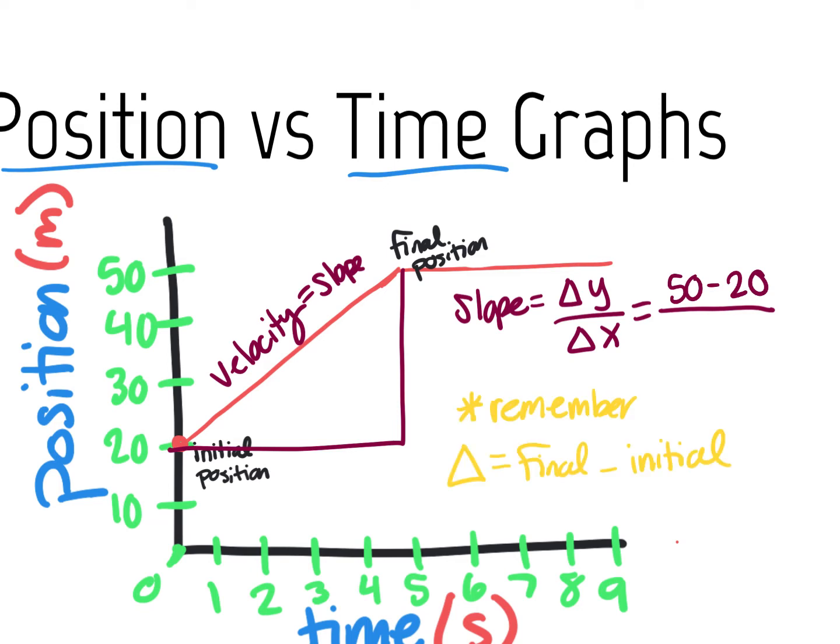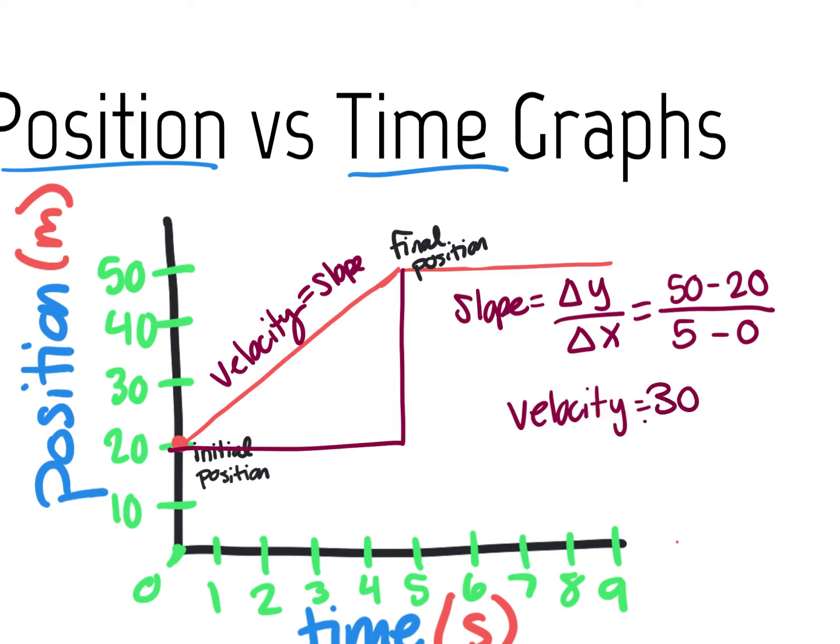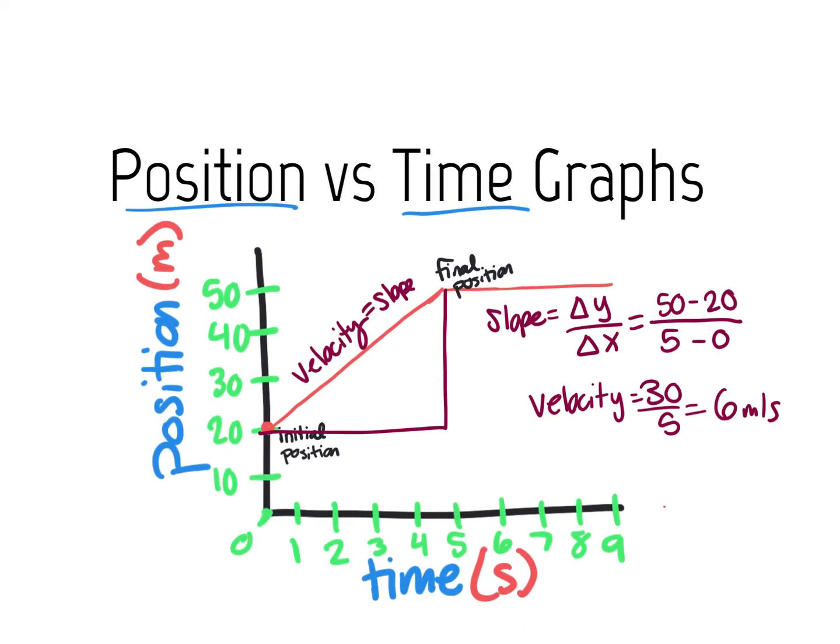Our initial time is 0 and our final time is 5 seconds. Now we can easily find the speed by solving for the slope. And our slope or our speed will be 6 meters per second. And I know it's meters per second because meters were on top. That was my Y or my vertical unit, and then my horizontal unit was seconds. So it would be meters over seconds.